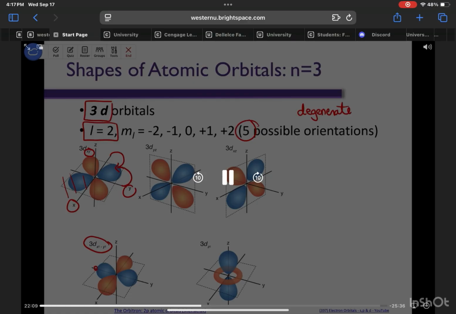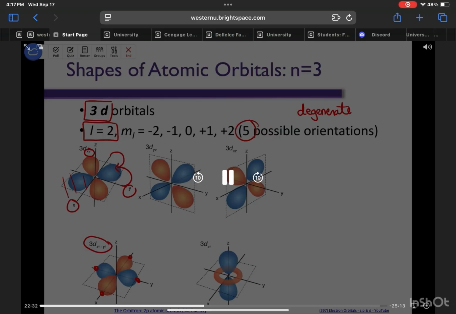So now see how they're pointing directly there. Okay, so I'm going to hold this up. The xy plane I'm saying now is straight up and down so you can see the change. xy would lie between the x-axis and the y-axis. x squared minus y squared, it lies along the axes. Just that shift.